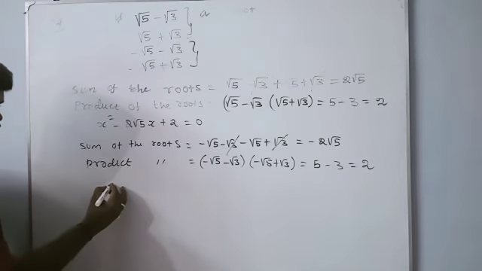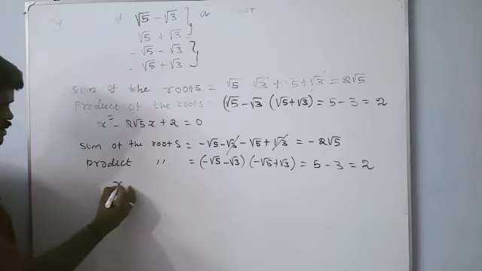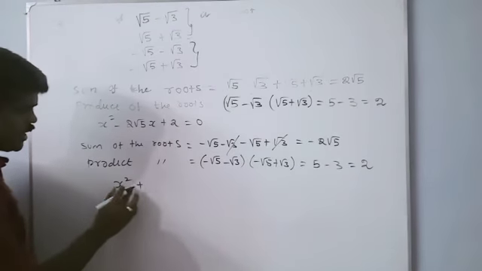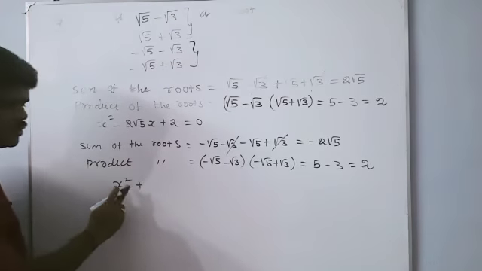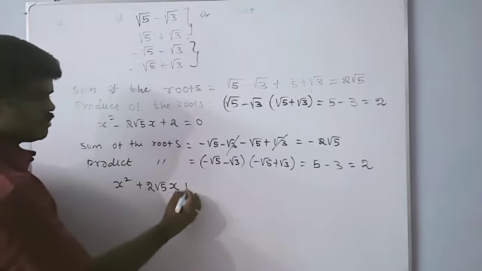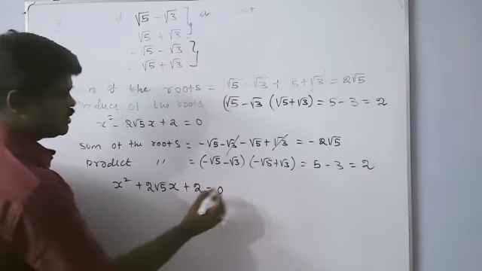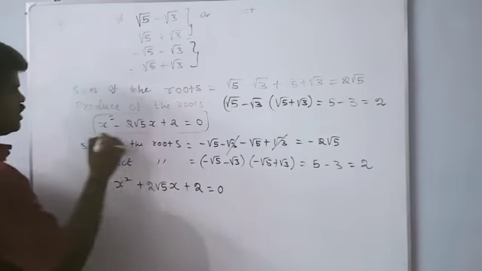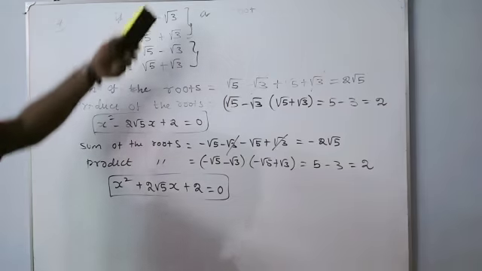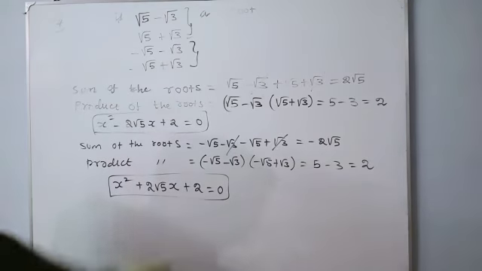Now the other quadratic factor is x square, here minus 2 root 5, so already one minus is there, so plus 2 root 5 into x plus 2 equal to 0. There are two sets of quadratic equations, so there are 4 roots. So we want to find the 4th degree polynomial equation.